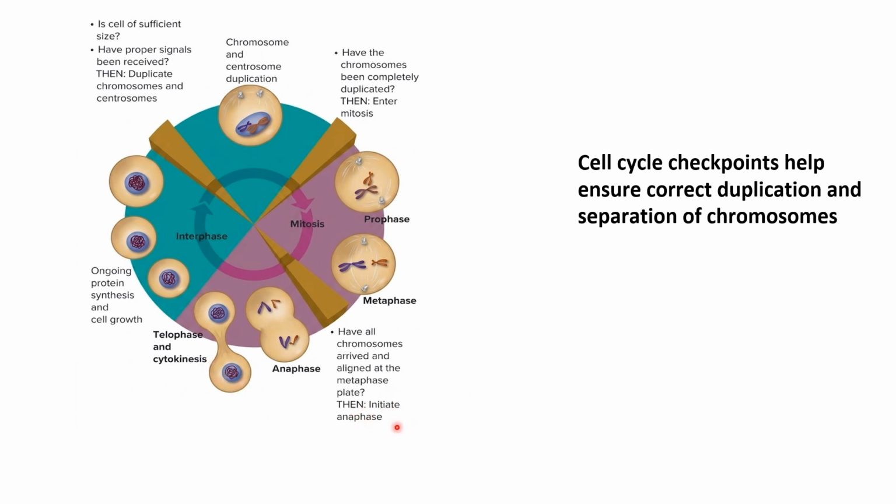But if the answer is no, it will not go into anaphase until all requirements are fulfilled. Likewise, these checkpoints guarantee that the cell only divides when it is completely ready, ensuring the accurate duplication and separation of chromosomes.